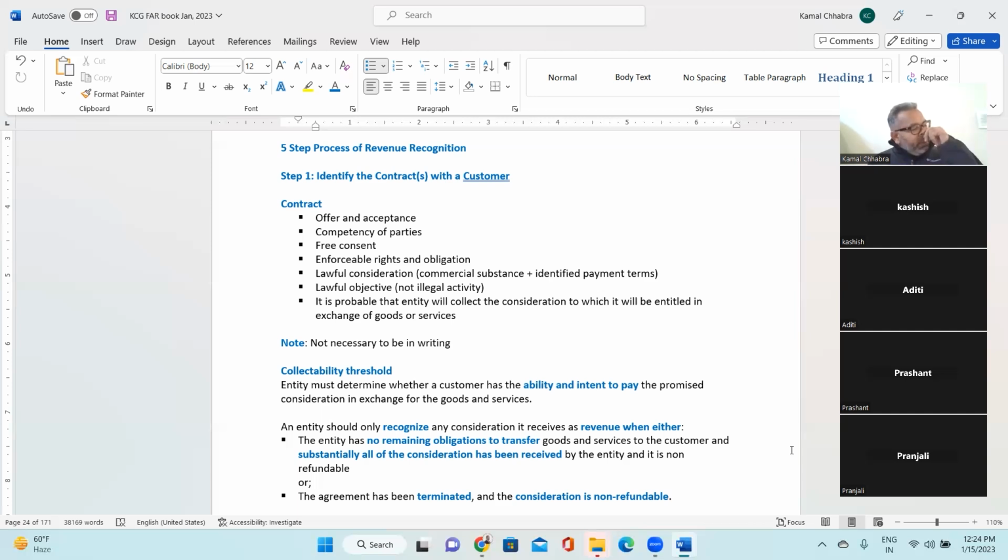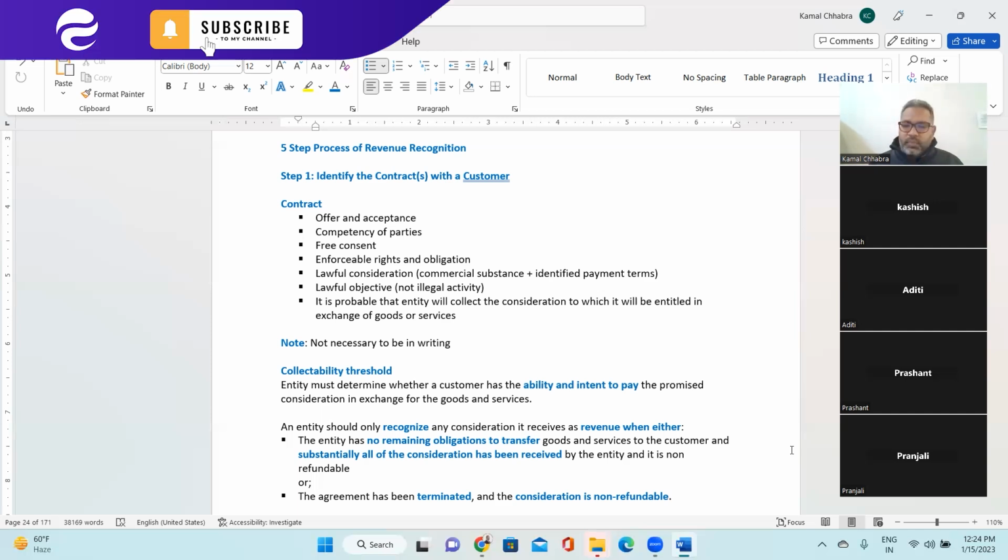So now the payment terms and the milestones have been agreed. On each milestone, we'll be paying you this money. That's why this contract is actually a contract. The reason being, if you see all the points listed over here, there is an offer and acceptance, so it's an agreement. Both parties are competent.